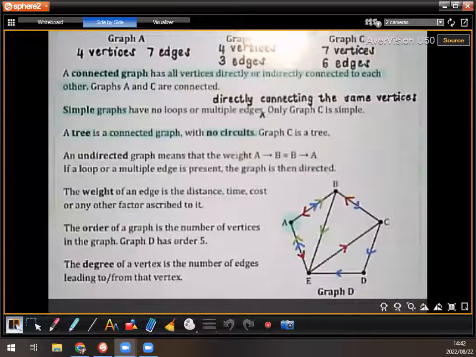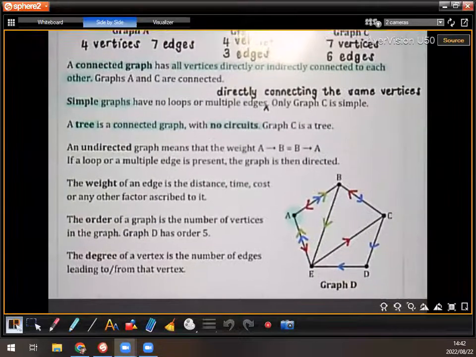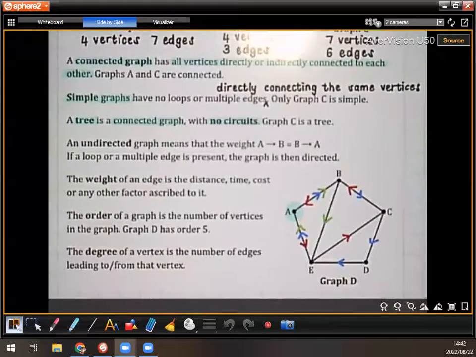Okay, what comes after tree? Undirected graph. No, first let's do weight. Yeah, I'm just waiting. Why would they do that? Is that a different kind of graph? It's weight, for weight. I think many people would disagree with you on that.